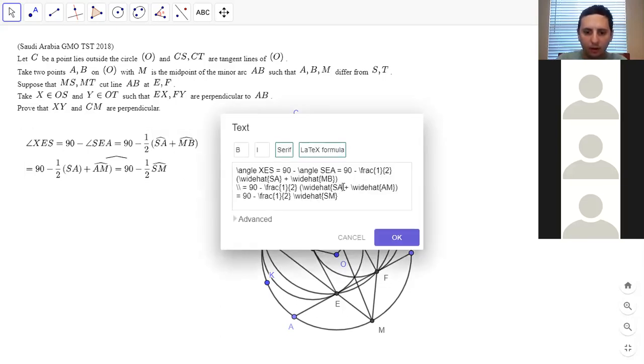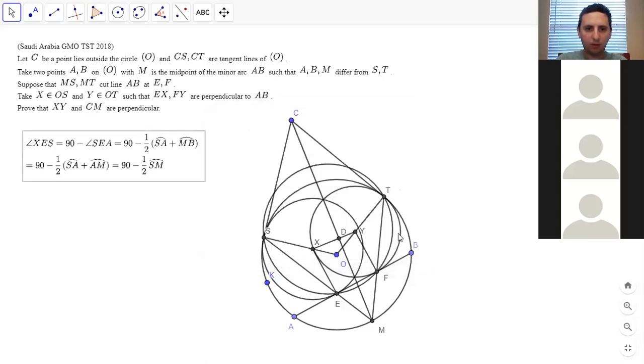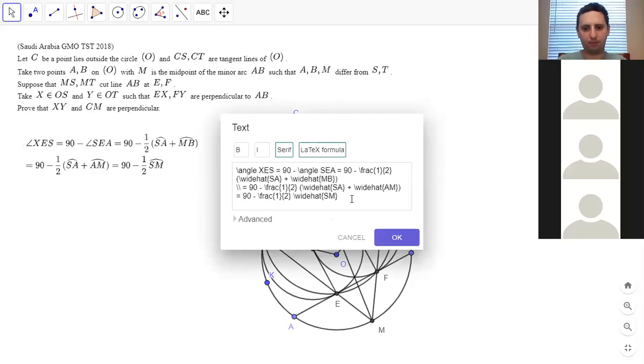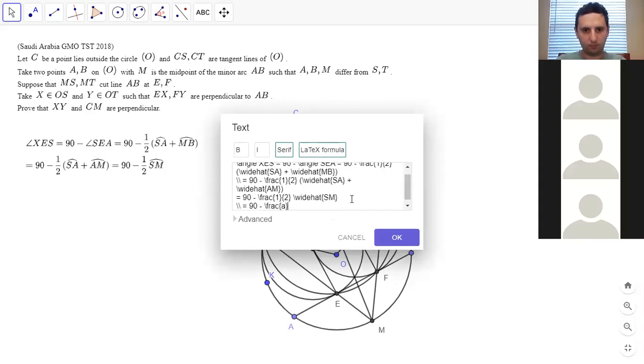So that's XES, then XSE is OSM, which is 90 minus half of angle SOM, which is angle OSM, which is angle XSE.